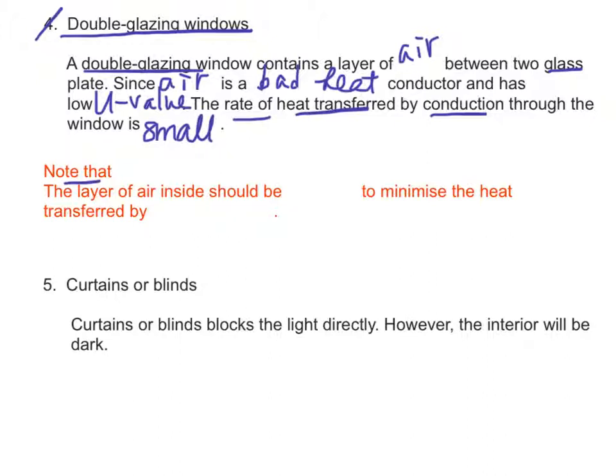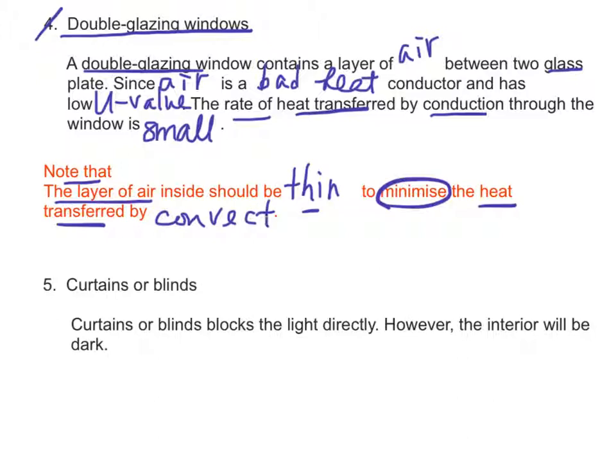Notice that the layer of air inside the double glazing window should be thin in order to minimize the heat transfer by convection.